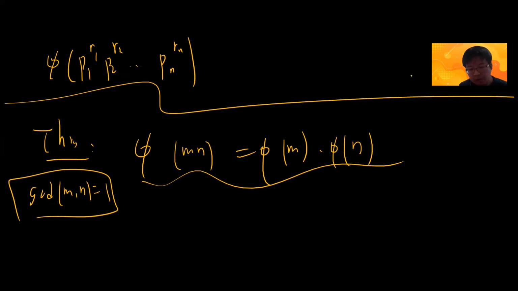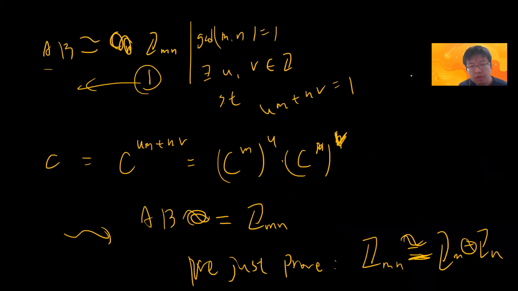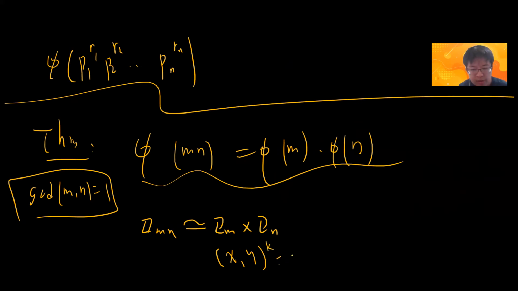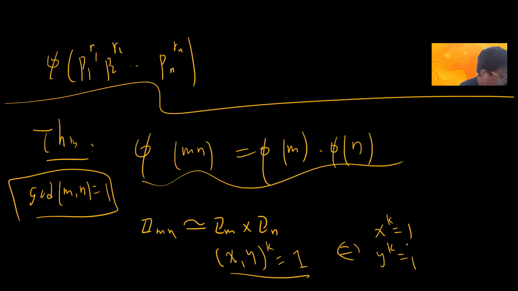From this one, I know that Z_mn is isomorphic to Z_m times Z_n. So this tells you that if you write an element, let's say (x, y), and the product K equals 1, then that is if and only if x^k is 1 and y^k is 1, right?